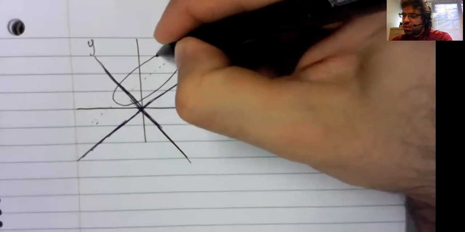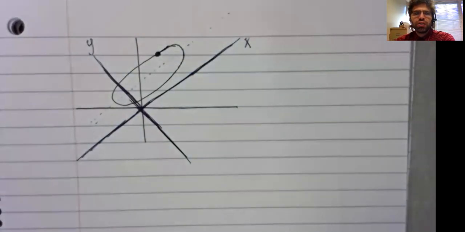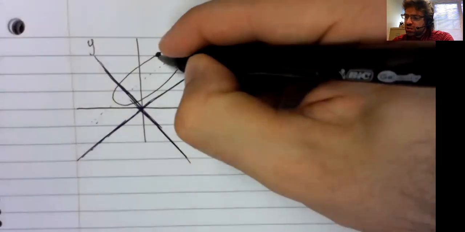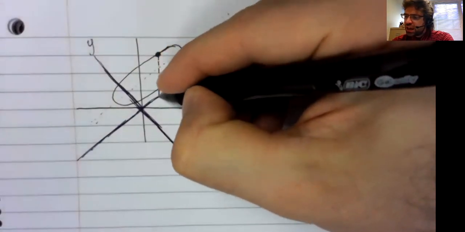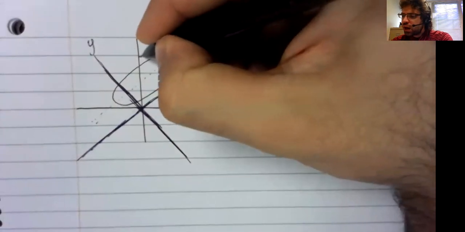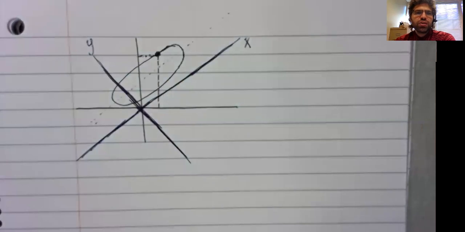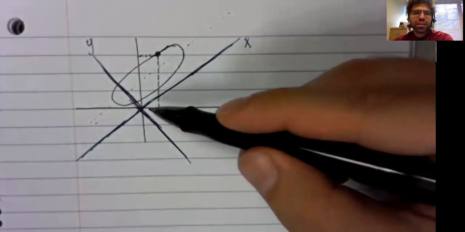Okay. Consider a point on the ellipse. This point has an x coordinate and a y coordinate, and the x and the y coordinate are determined in terms of the x and the y axis.